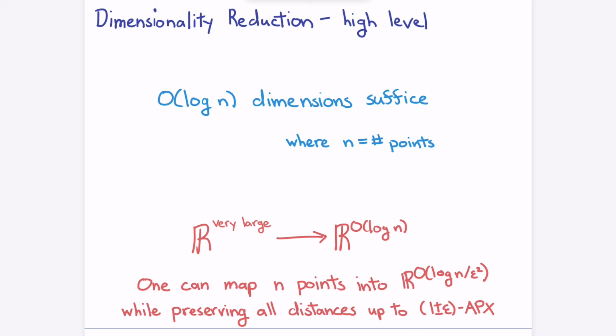We are going to come up with some kind of map that takes your very, very high dimensional vector and assigns each vector to one with moderate dimension, log n. And more specifically, if you want to preserve all the distances up to a 1 plus or minus epsilon factor, so you're off by 10% or something, you need about log n over epsilon squared dimensions.